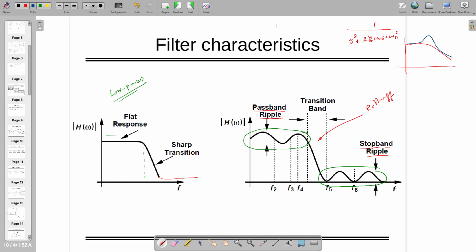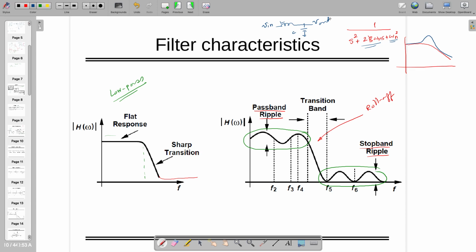Means with a single LC circuit also, if you place these polynomials in such a way that output may be more than input. This is what we'll learn right at the beginning.